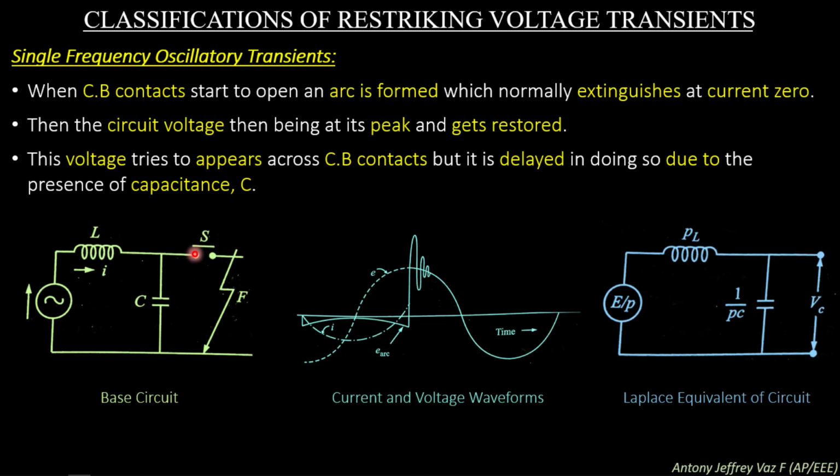tripped out, the capacitance will first charge from the generator voltage and only then give the supply voltage to the contacts of the circuit breaker. So the difference in delay time is creating such an effect.